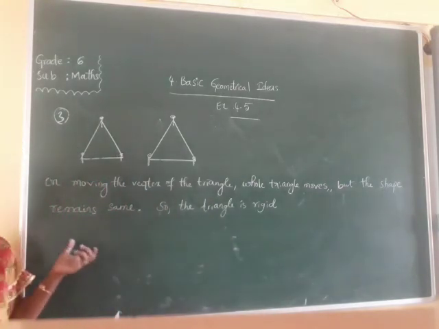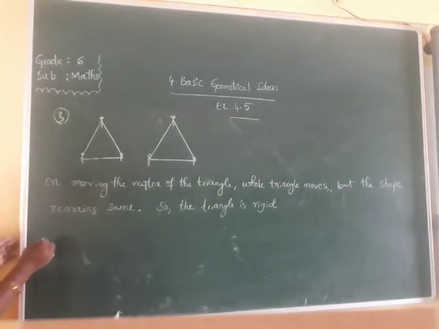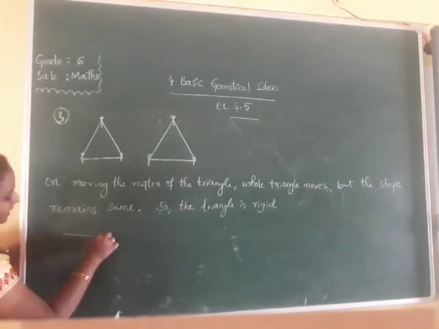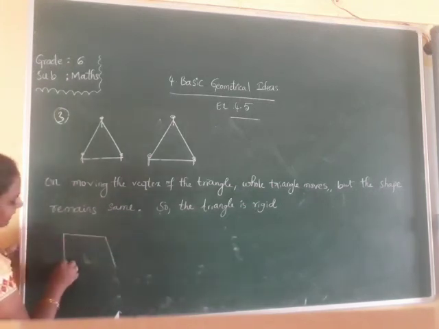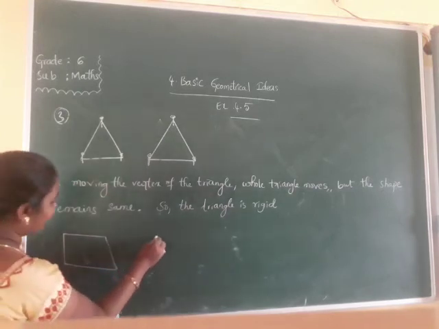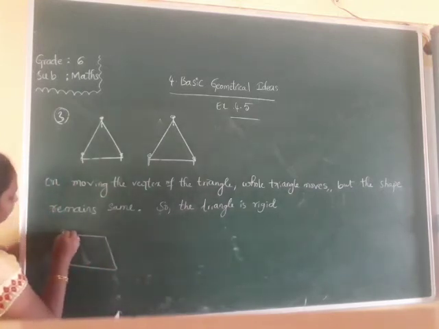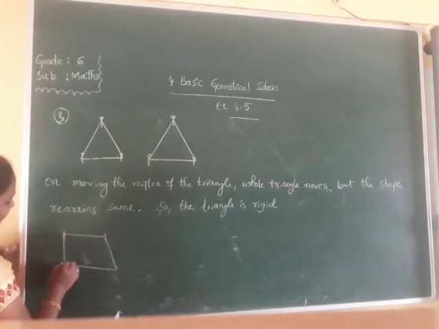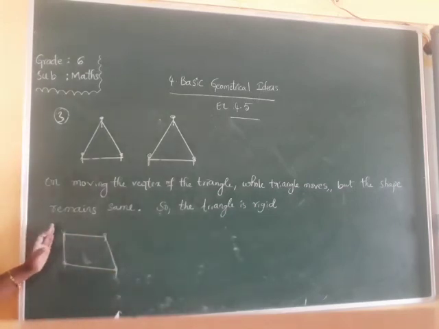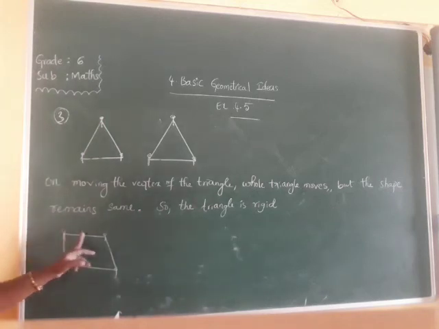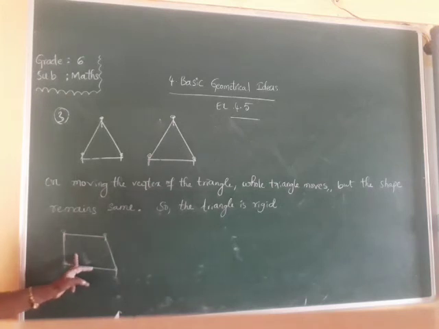Now if you take a quadrilateral, quadrilaterals contain 4 sides. Okay, so take here also this quadrilateral. Suppose if you move the vertex of the quadrilateral, does the shape of the quadrilateral remain the same?